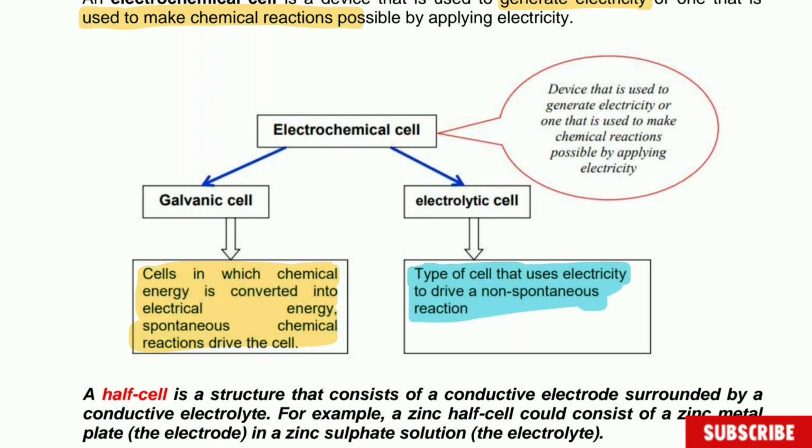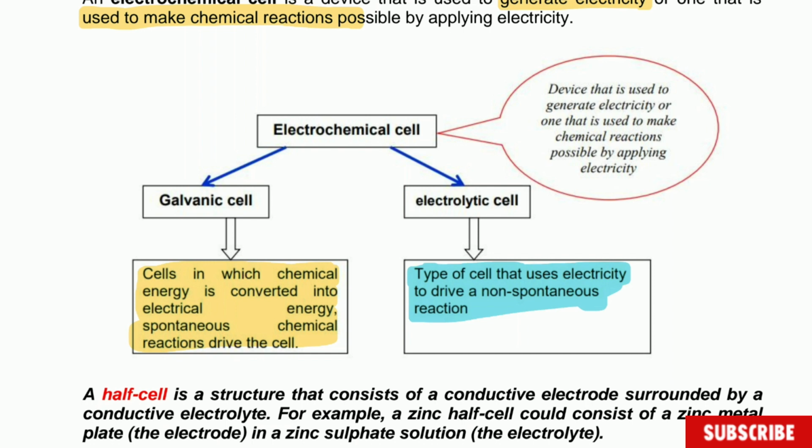So the main important thing about electrochemical cells is that we have two types: the galvanic cell, in which chemical energy is converted into electrical energy, and the electrolytic cell, which converts electrical energy into chemical energy.